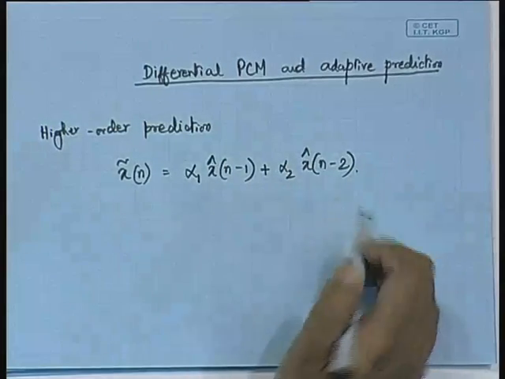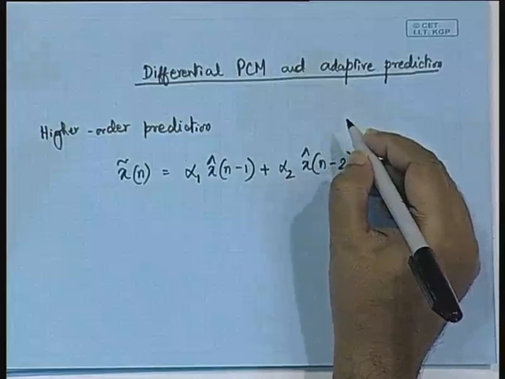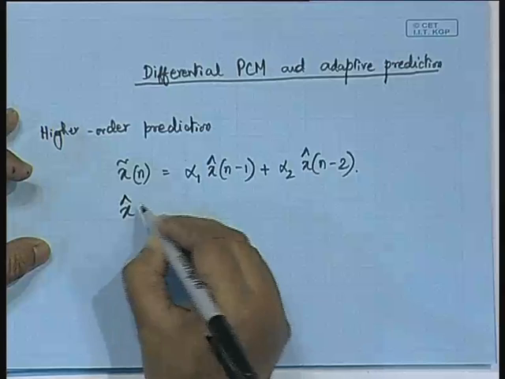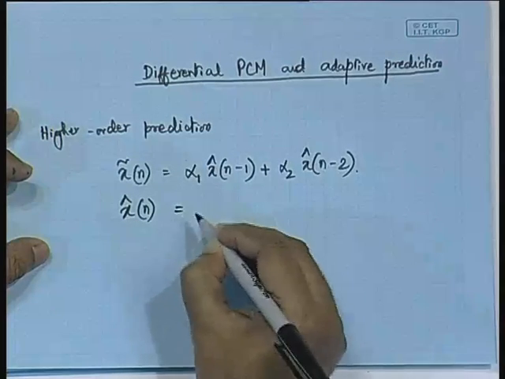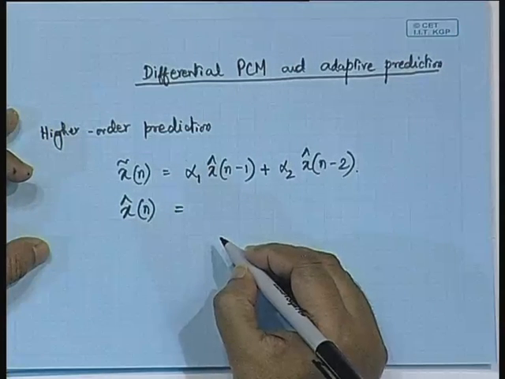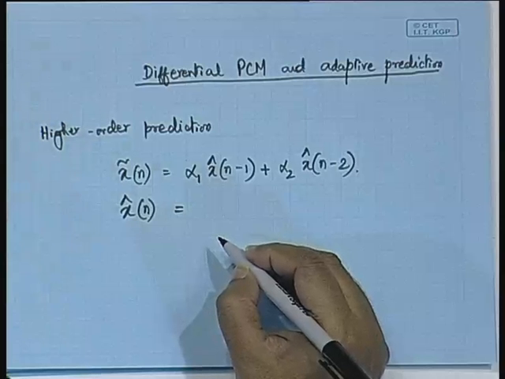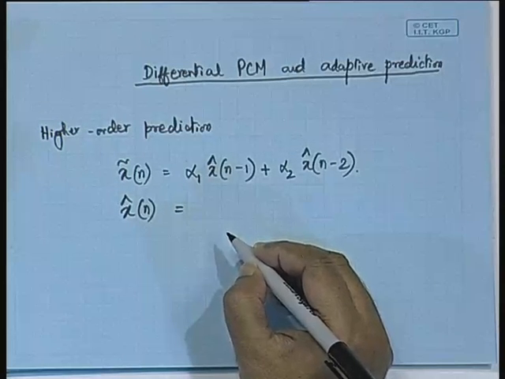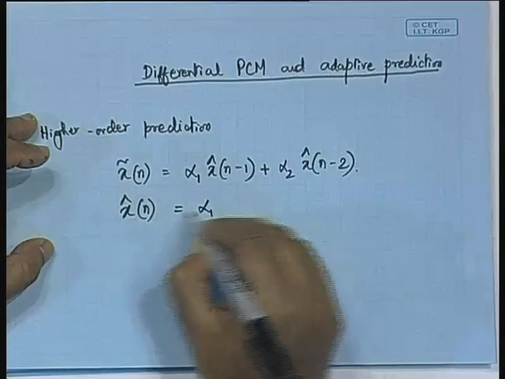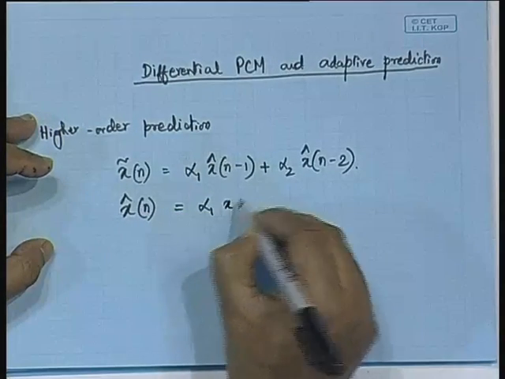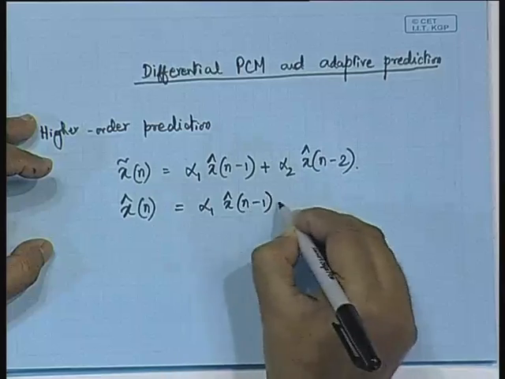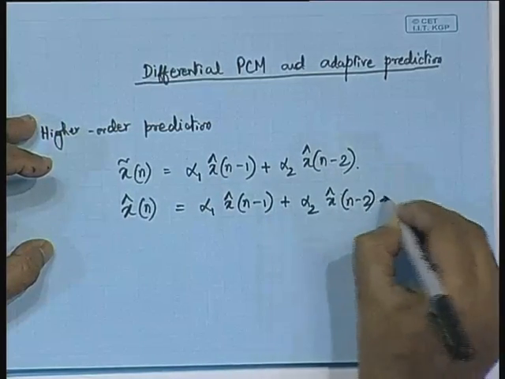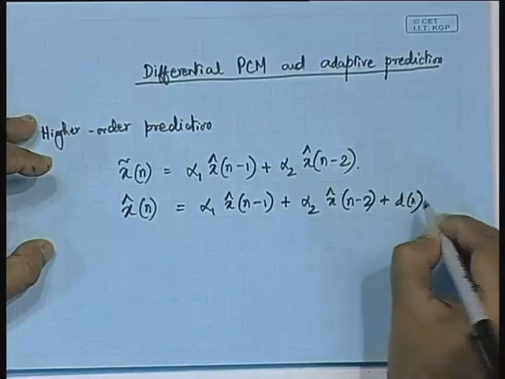This is a second order prediction, and in this case one can write down x cap of n as x tilde of n plus d of n, the prediction error. So, we can write down x cap of n as alpha 1 x cap n minus 1 plus alpha 2 x cap n minus 2 plus d of n.